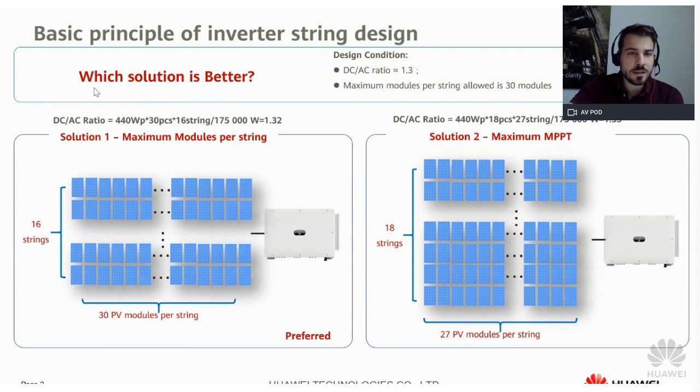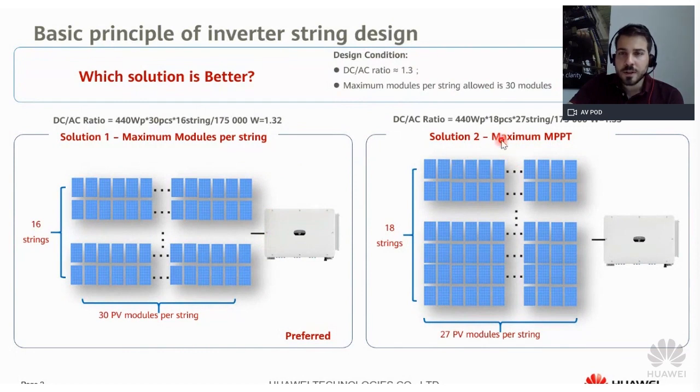Just in this example, we have almost the same DC-AC ratio. We are using a 440 watt mono panel, 30 pieces for each string, and let's suppose we are using 16 strings for this 185 kTL inverter.